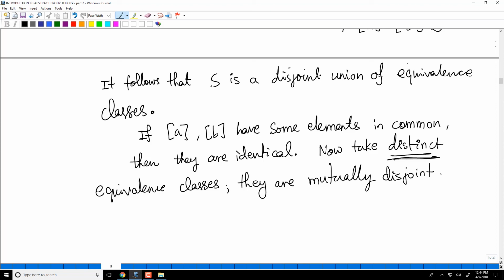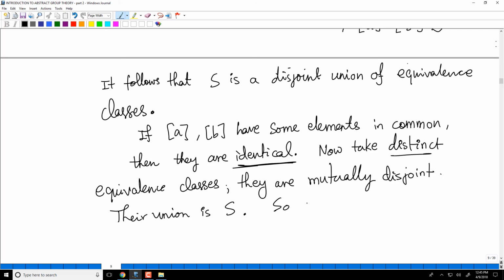They are not equal, so they are distinct. Hence, any two of them being distinct are disjoint, and their union is S, because every element, remember, of S is in an equivalence class. So you take that equivalence class, and that is one of the distinct equivalence classes that we took earlier.